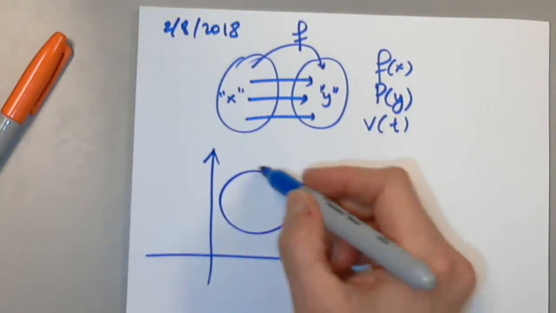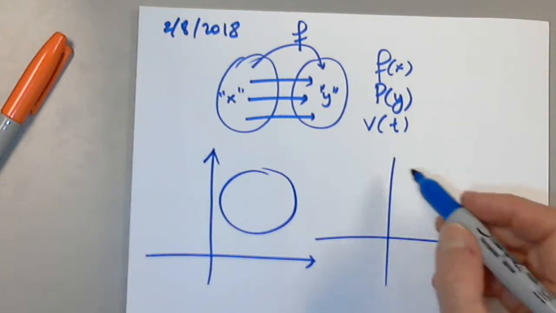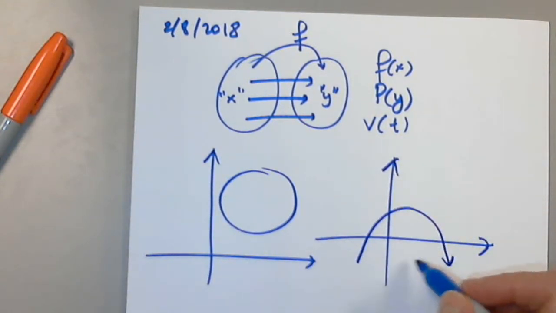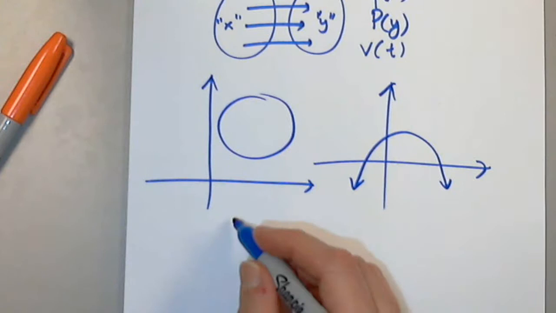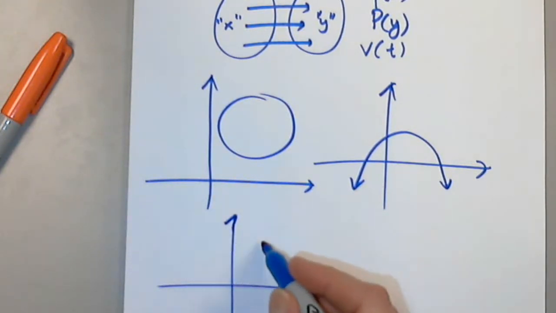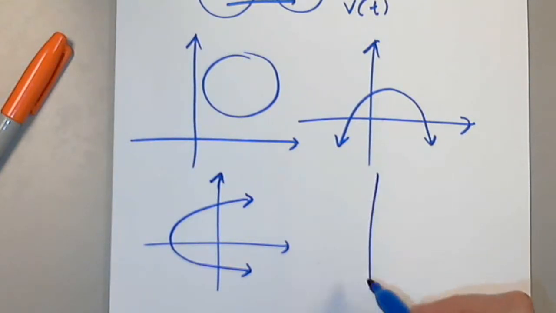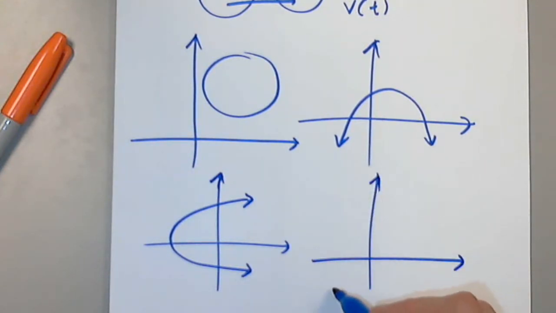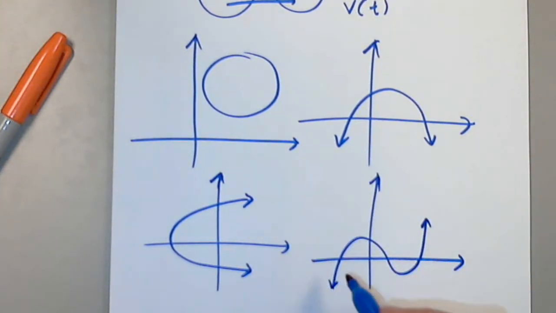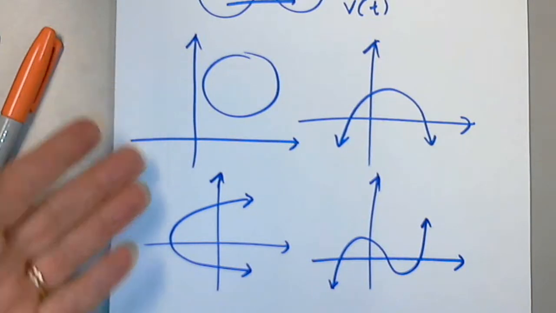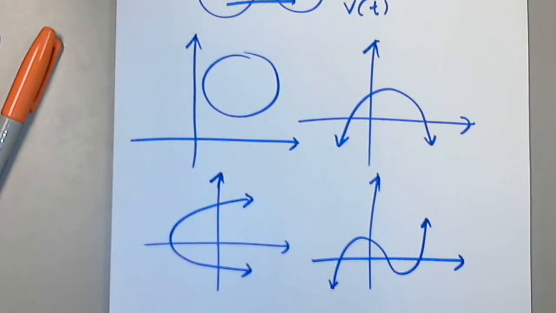Now, what if I'm given a graph? So let's say I'm given this graph. And let's say I'm given this graph. And here's another. How will I know how to identify whether those graphs represent a function or not?